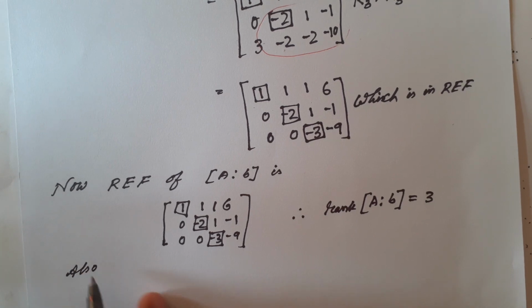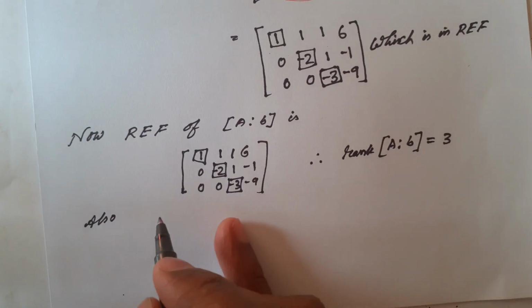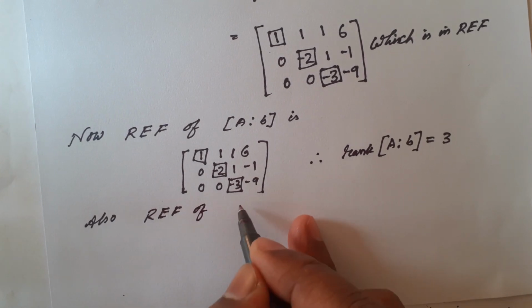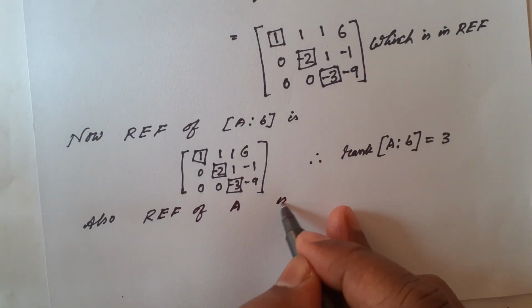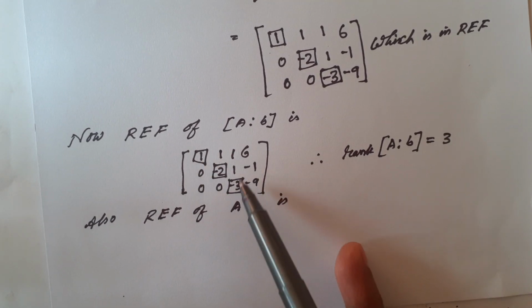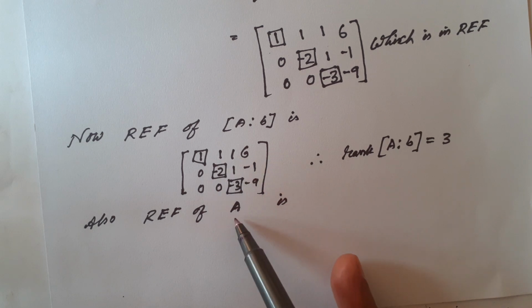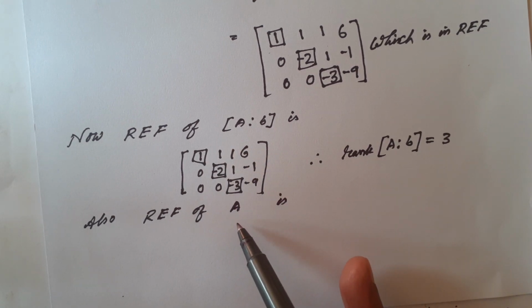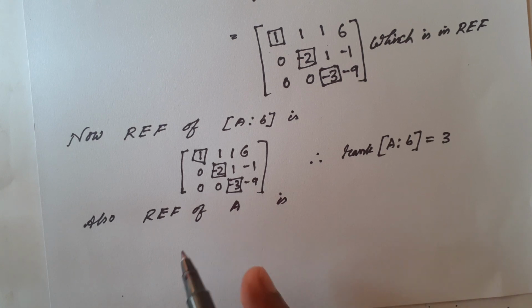Also, the row echelon form of the matrix A: remember, the first 3 columns of this matrix are nothing but the matrix A. So the first 3 columns of this row echelon form will give you the row echelon form of A. We have already discussed examples on this.